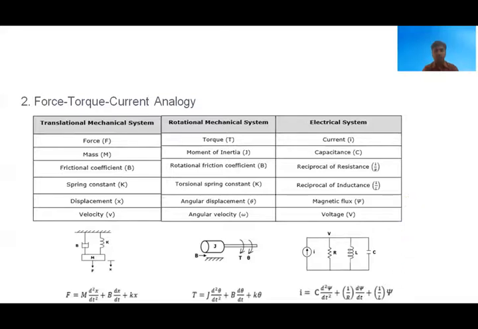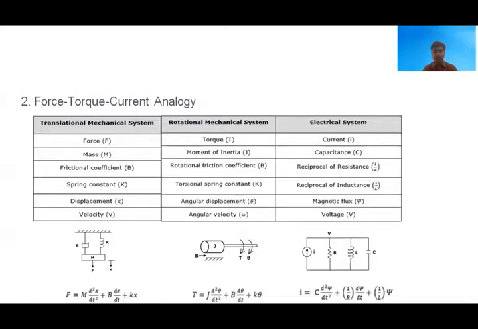Now we'll move on to rotational systems to electrical systems. Similar to the force current analogy, we have the torque current analogy, where the input of the rotational system is torque, which is analogous to the input current of the electrical system.